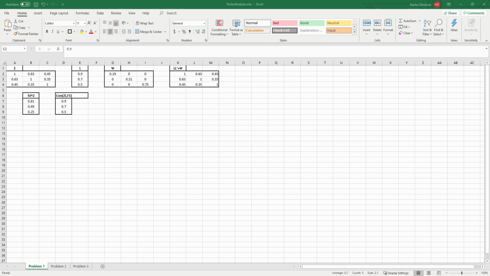Those are our loadings on each variable, and we assume all the assumptions are satisfied. So those three things are given: psi, L, which we can read from the model, and our covariance matrix. What we need to check is if sigma is equal to L L transpose plus psi.